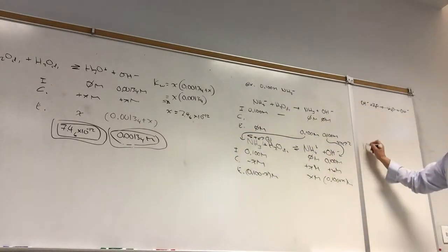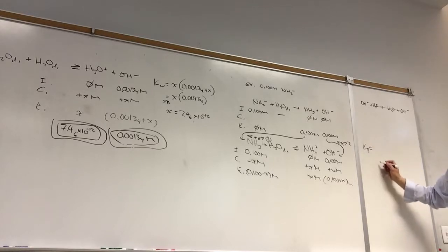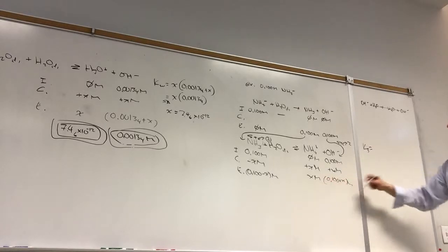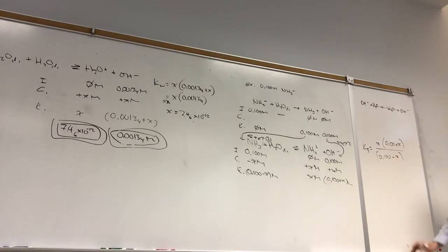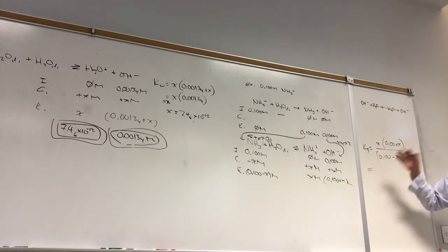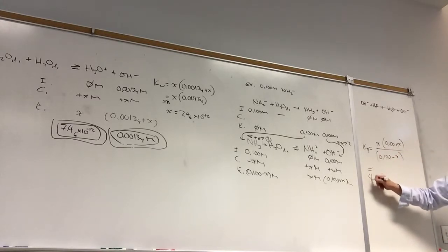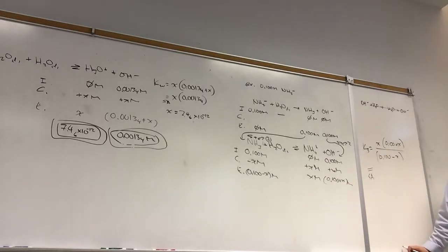So we look at Kb for this. This is going to be ammonium times the hydroxide, which would be x times 0.100 plus x, over 0.100 minus x. I'm not even going to think about the rule of 100 or whatever else. I'm just going to do the simplifying assumption.